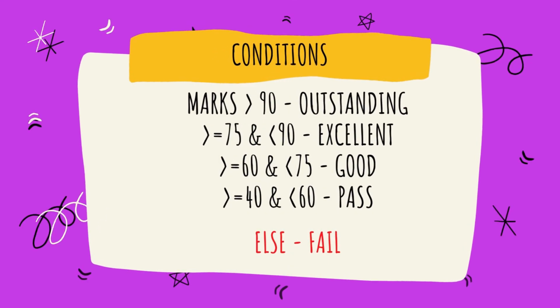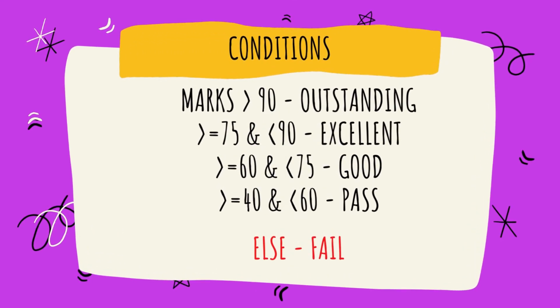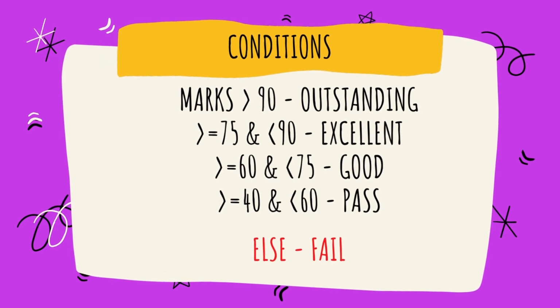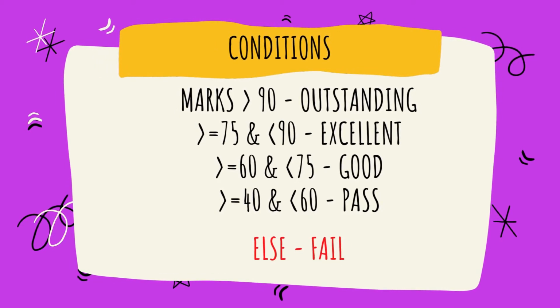And in some cases, there are a series of if statements, like the rules in our schools and colleges, to calculate our grades. If the marks are greater than or equal to 90, then the grade is outstanding. Or else, if the marks are greater than or equal to 75 and marks less than 90, then the grade is excellent.